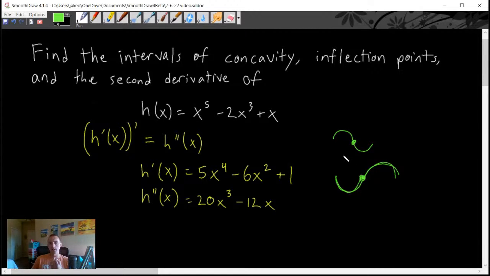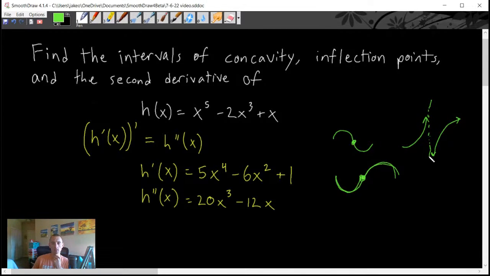Now, this relies on the function actually being continuous around that point. What I mean by that is, let's say we have a vertical asymptote of a function, and we are concave up to the left of it, and then we're concave down to the right of it. This x value right here wouldn't really be an inflection point.